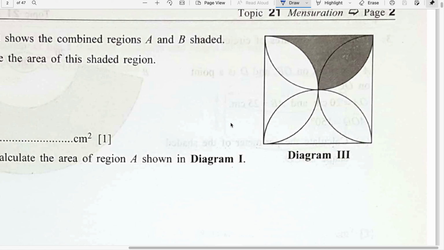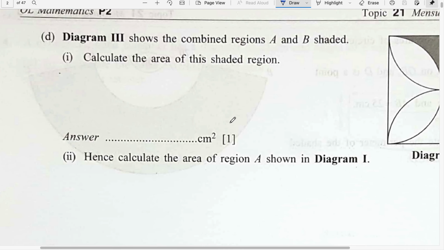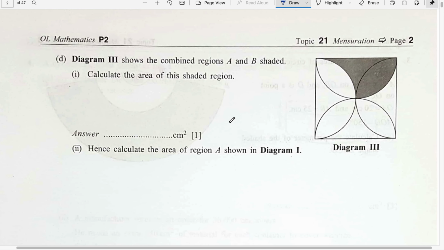Anyone? If you are confused about anything, have a look at this too. This is a 1 mark question and that's an easy part. You may be thinking, what shape is this? Which formula to use?